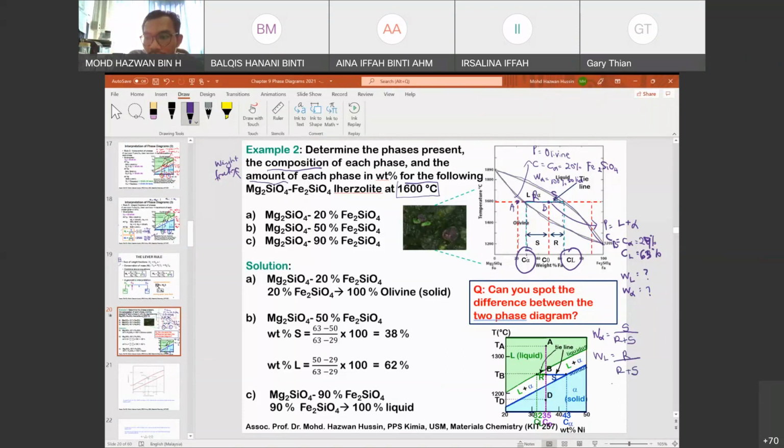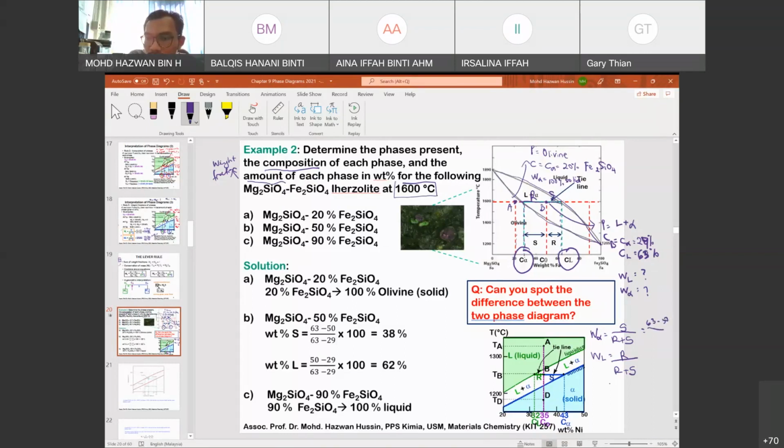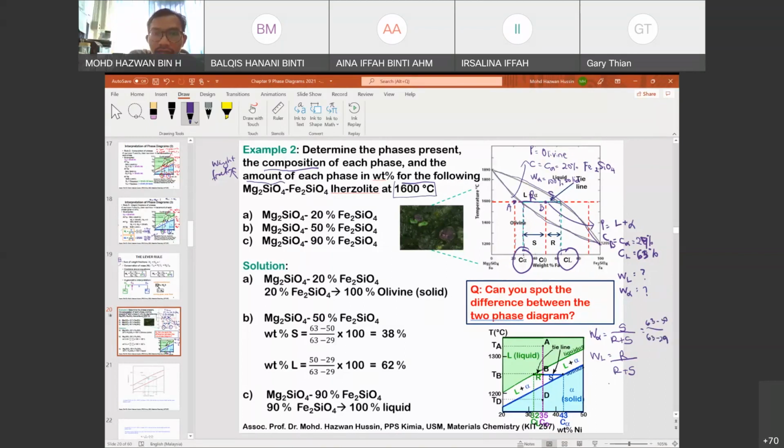Okay, right. So S. How to calculate S? S is actually 63 minus 50 divided by 63 minus 29. It says in percent here, so you have to multiply by 100. Then you will get the answer equal to 38%.